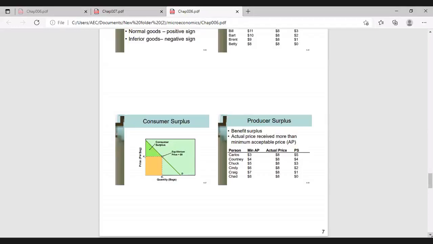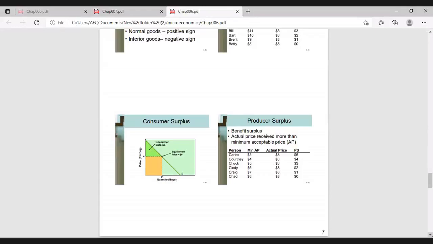The difference between your willingness to pay and the actual price you pay in the market is the benefit. That is the benefit surplus. Each individual consumer gets a benefit in the market, and collectively all the consumers also benefit when they buy a product in the market.